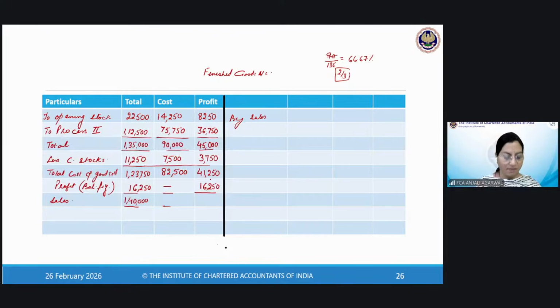Check the figures again. 140 minus 123.75 is 16,250. So what is your total profit? 41,250 plus 16,250. So 1,40,000 worth of goods are sold, the true cost of which is 82,500, and which has a profit of 41,250 plus 16,250.